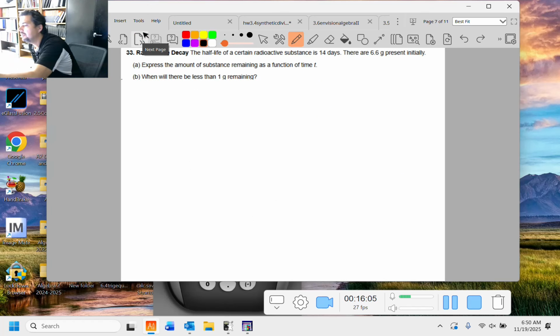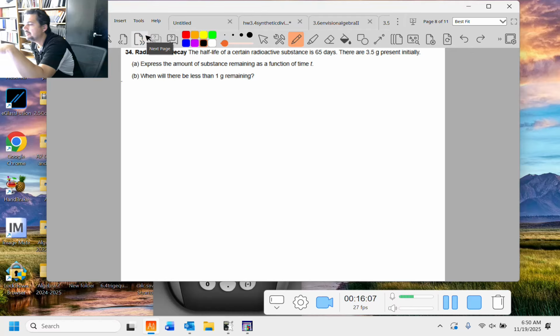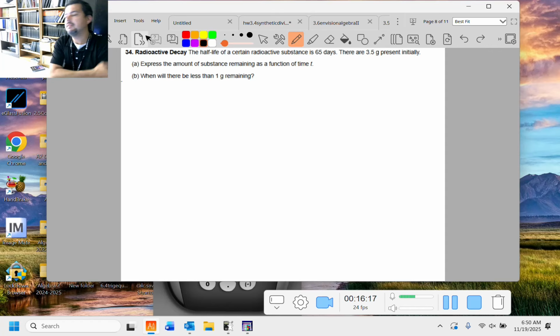Let's see here. I know there's 2 radioactive decay problems. I'll do this one. The half-life of a certain radioactive substance is 65 days. There are 3.5 grams present initially. Express the amount of substance remaining as a function of time. So if it's half-life, like legit, B is a half.